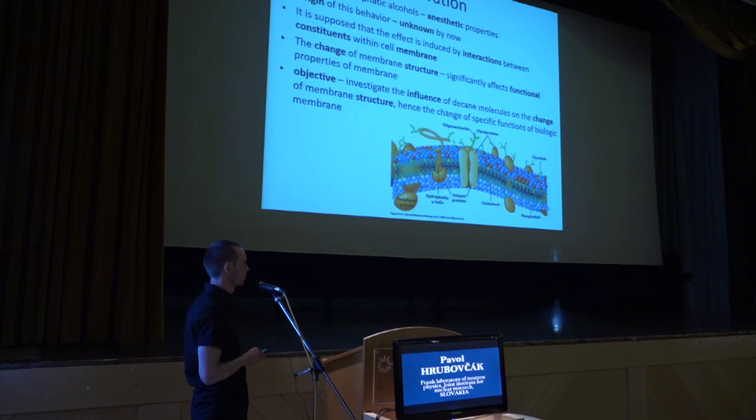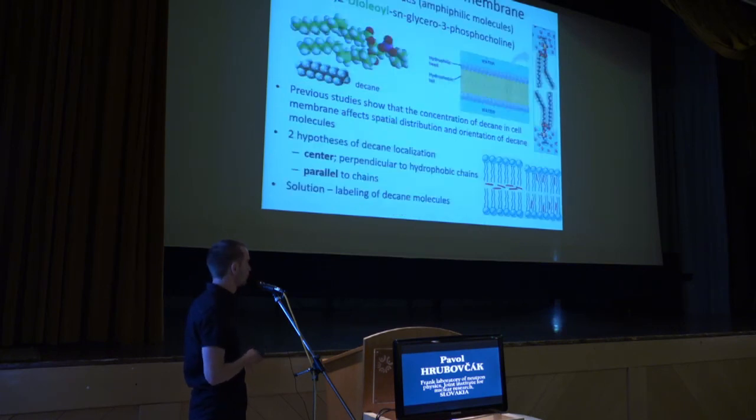It contains a lot of features which are interacting with each other, and it's a mixture of phospholipids of different kinds. And due to the very high complexity of real membranes, we decided to study the properties of membranes on model membranes.